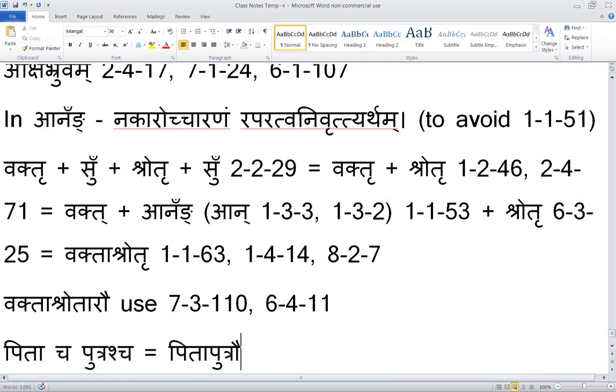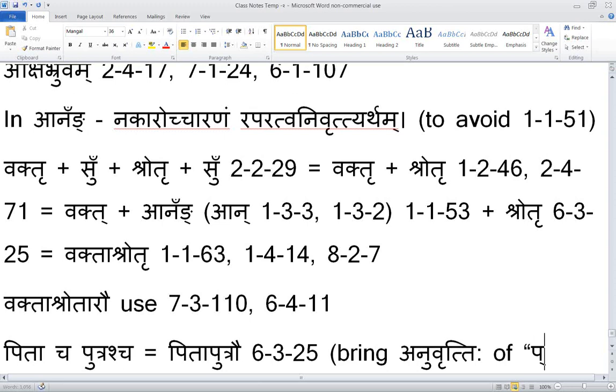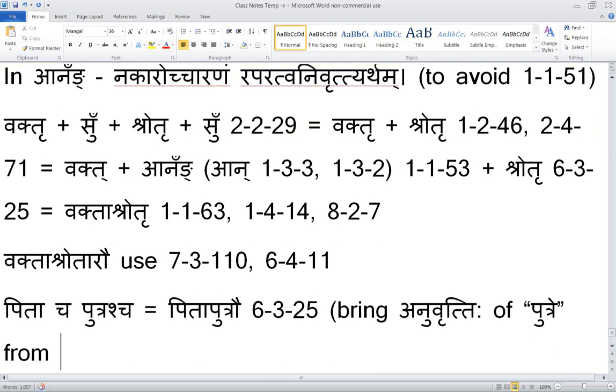So here what we have to do is use 6.3.25. Bring the anuvritti of putre from 6.3.22 by mandukaplutí. Mandukaplutí means you skip some sutras like a frog jump.